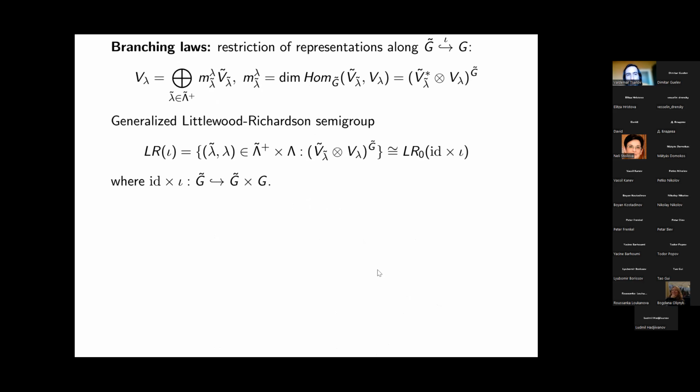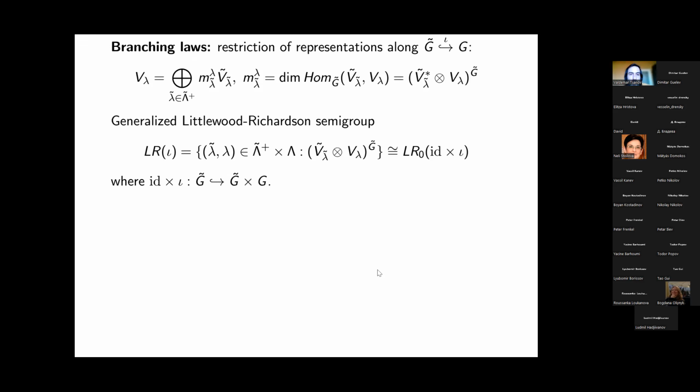So before going there, let me actually give an example here at the end of this slide where it doesn't happen. So more generally than just taking invariants, we can consider the branching law or restriction of representation along our embedding iota.